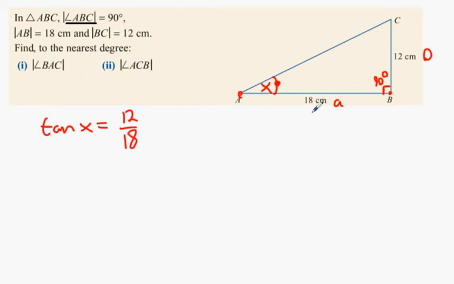Yeah, opposite over adjacent. All these questions end with what? Tan inverse, cos inverse, or sine inverse? Because we're finding angles. If you're finding angles, will everybody remember this? It's going to be cos inverse, sine inverse, or tan inverse.